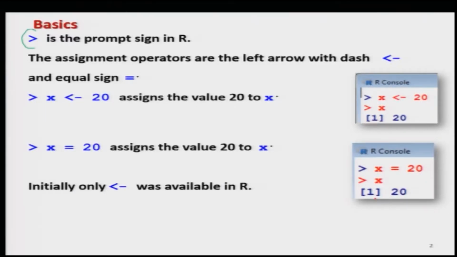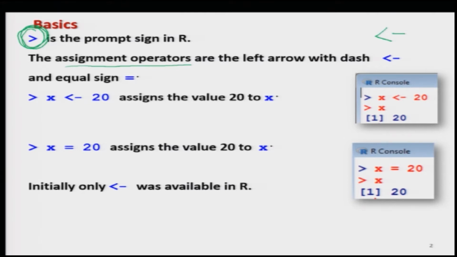In general, when we start our R program, you get a symbol like greater than. This is the prompt sign. And when we try to assign a value to a variable, there are two assignment operators. One assignment operator is the sign less than and hyphen, which looks like a left arrow.